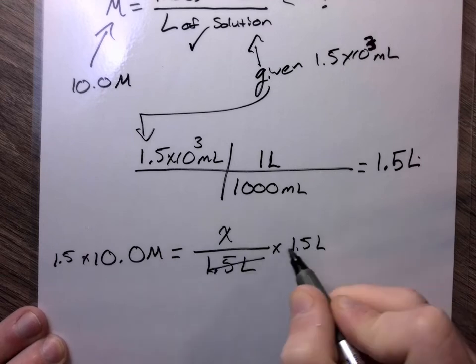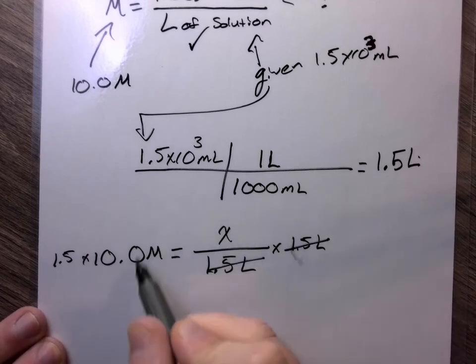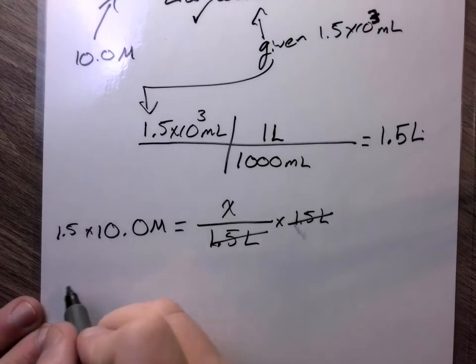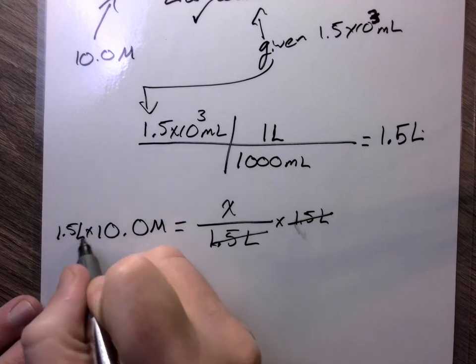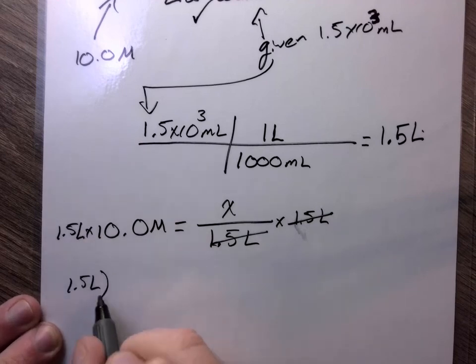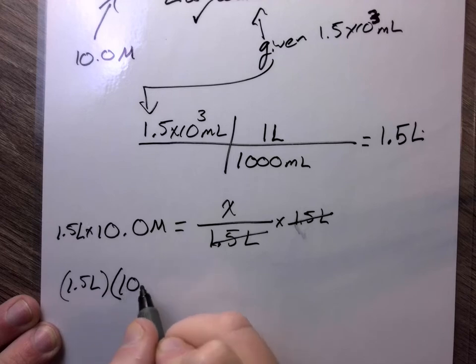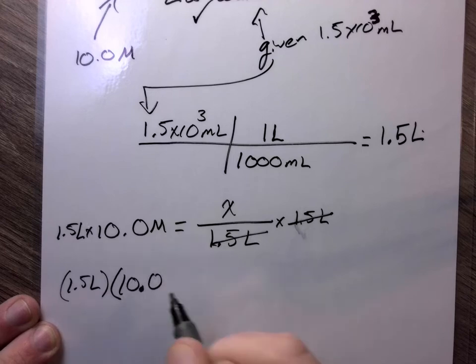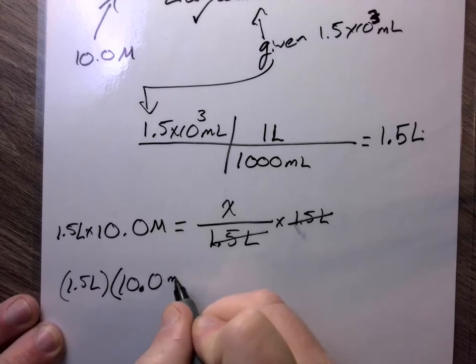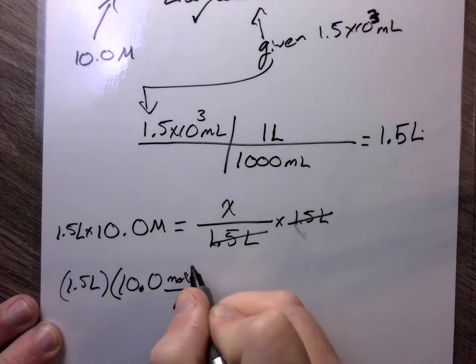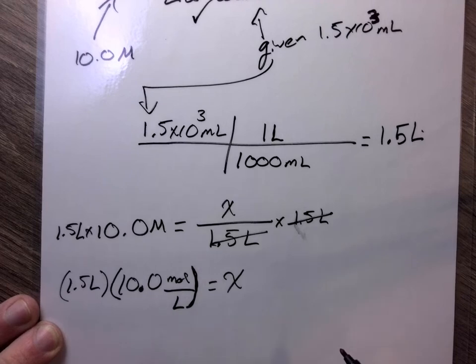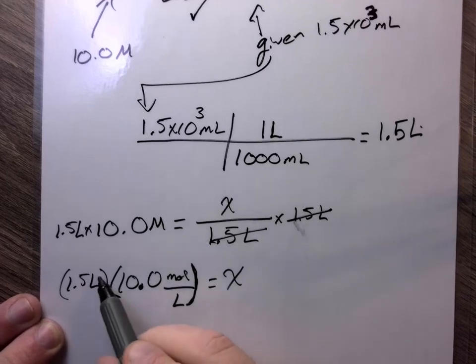Okay, now my 1.5 liters canceled. Let's think to our units here. We have 1.5 liters times 10.0 molar. Molarity is moles per liter. And that's all equal to X. So if I look at that, my liters cancel, don't they?